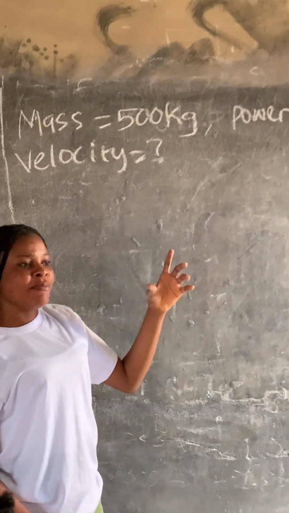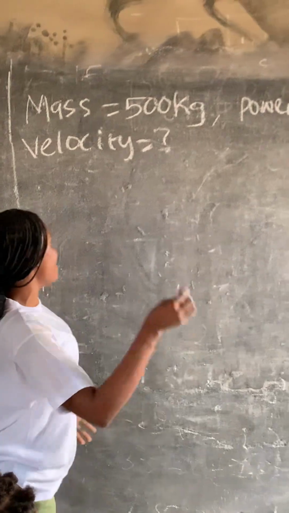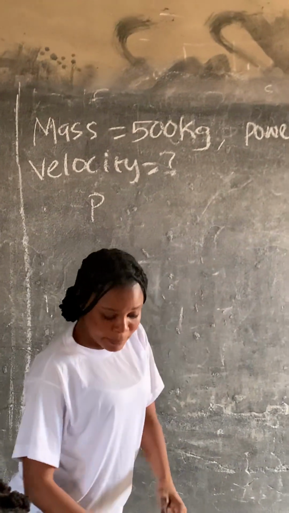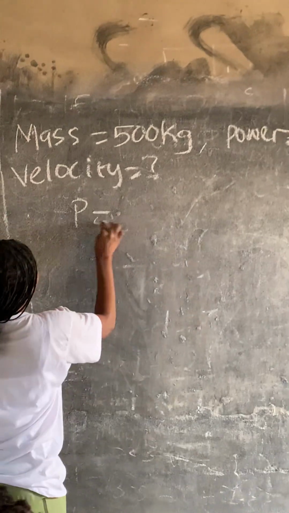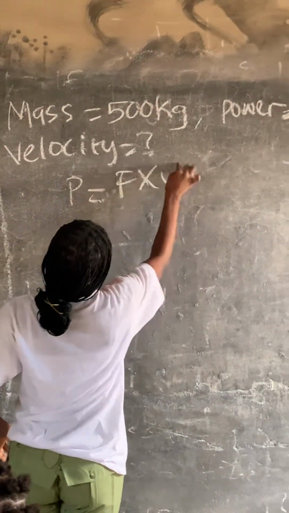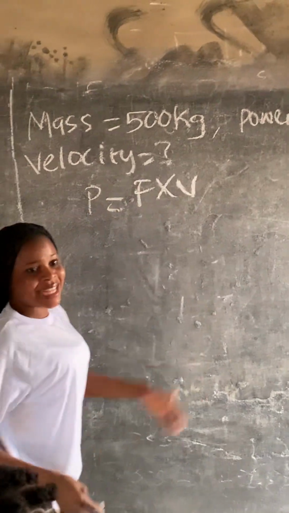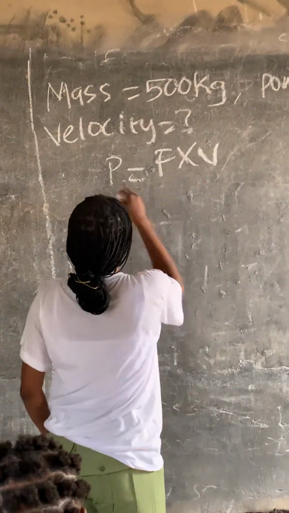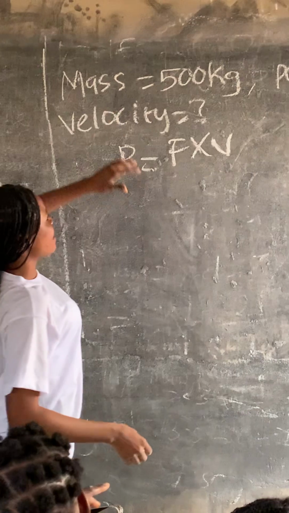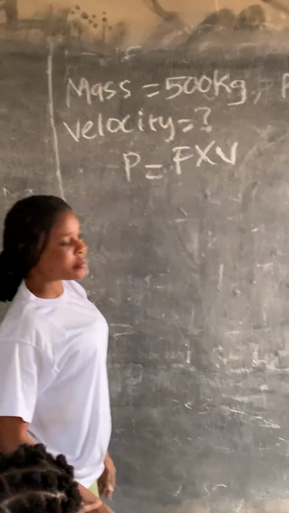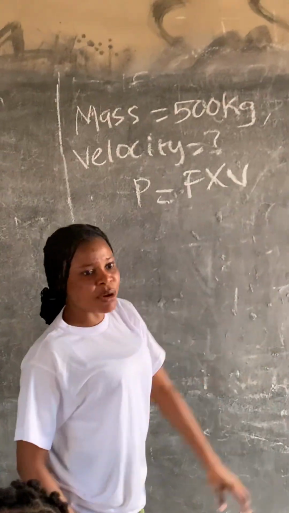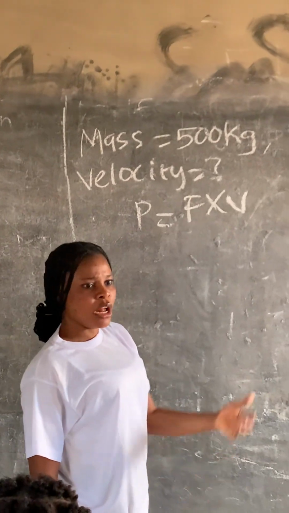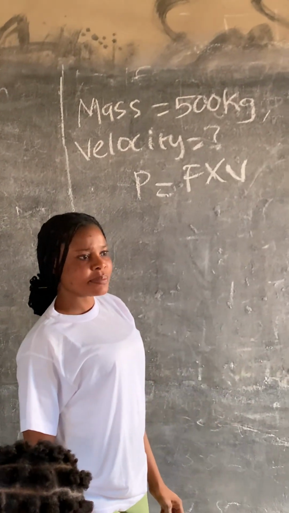Another formula for power, remember, is force and velocity. That was the second formula we solved, right? From the parameters given, power is given and velocity is what we are looking for, right? But force is not given. Do you understand?